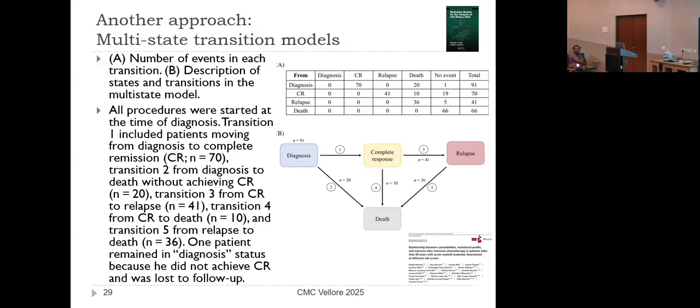I don't know if there's software for it. Conceptually, yes, you can. You can put in these models, you can put in a random intercept for site. But there must be an R package for it.